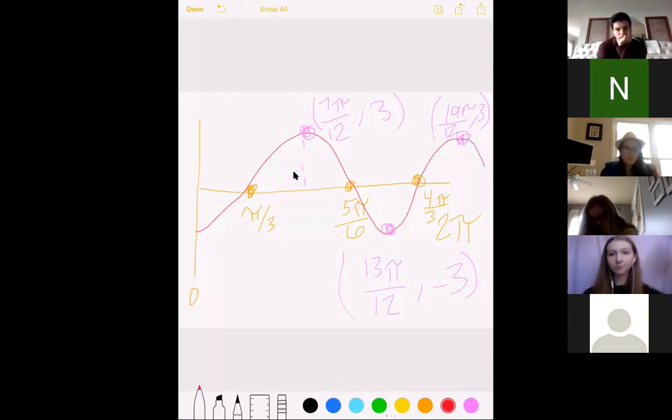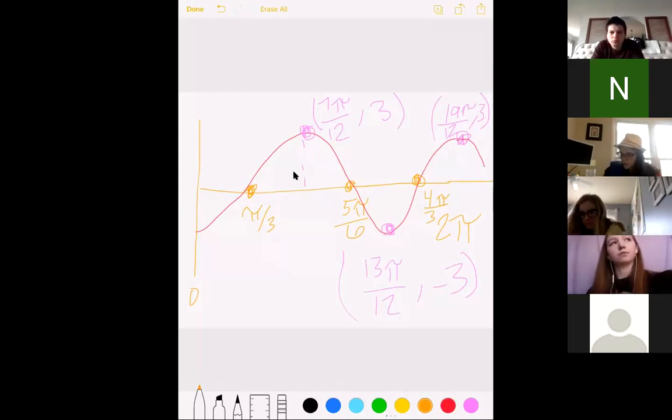And it doesn't come all the way back down before 2 pi. So that's what your rough sketch should look like.